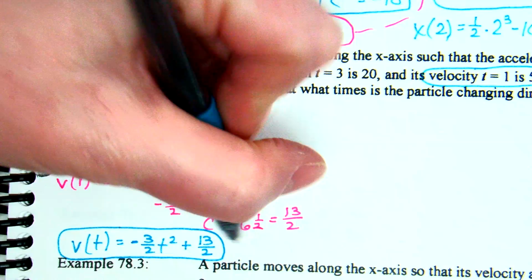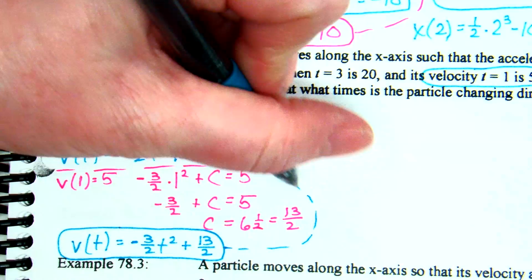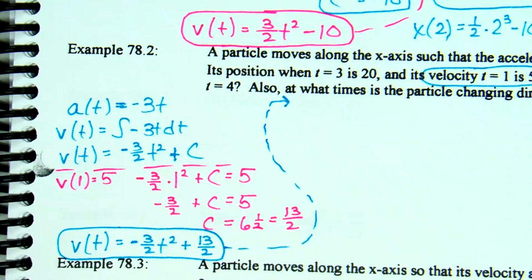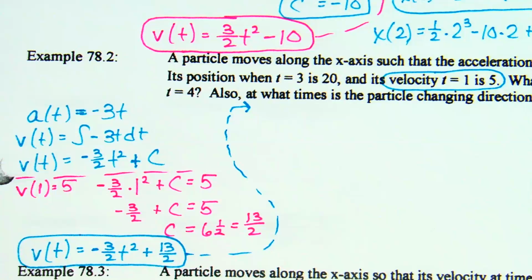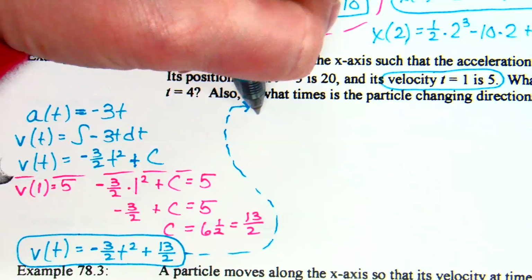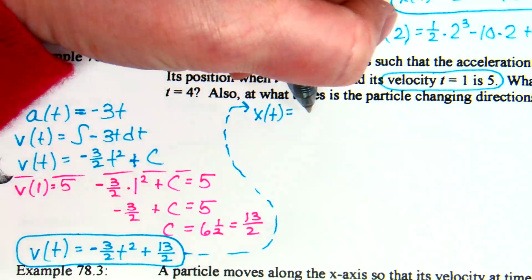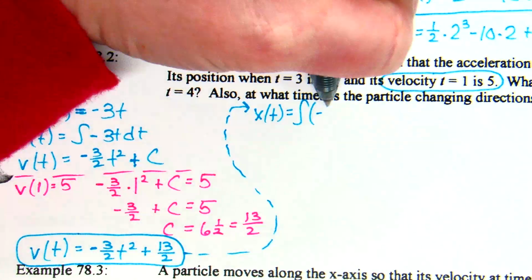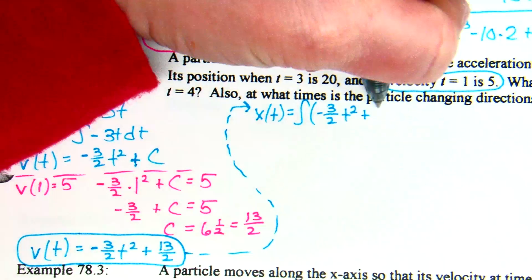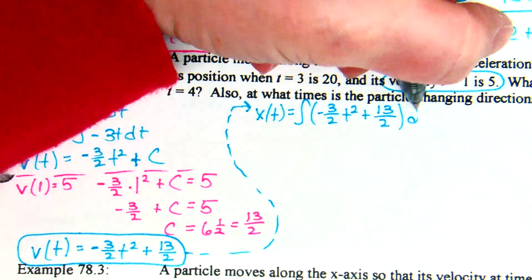And now we're going to do it again, essentially. This time my goal is to find position. So x of t is the integral of that function we just found: negative 3/2 t squared plus 13/2 dt.